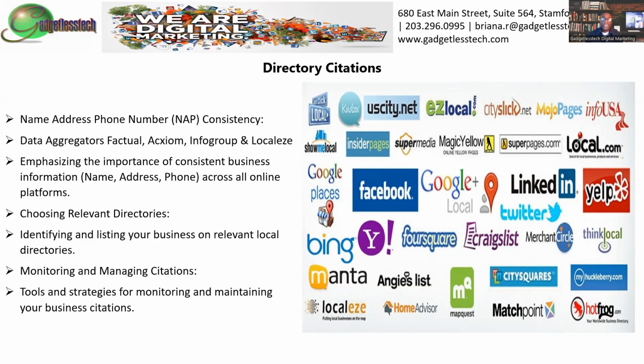In the very early stages of doing any sort of on-page SEO or local SEO or even the off-page, you'll want to ensure that you have as many impressions out there across the web as you possibly can. There's something called entity SEO that is kind of the new wave, right?